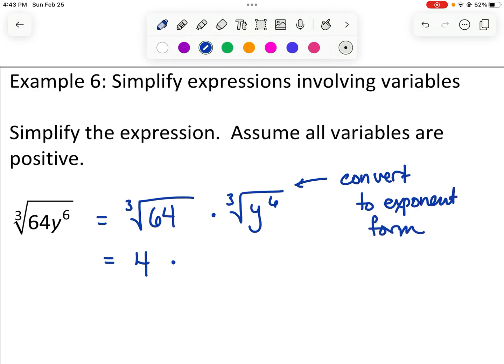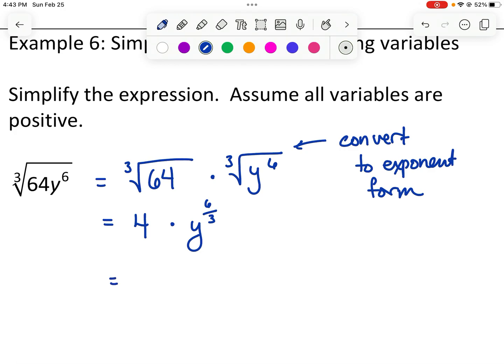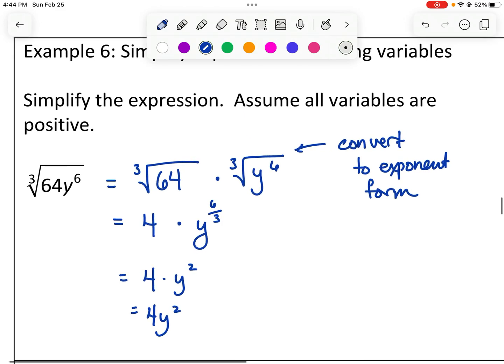So this is going to become y to the 6 over 3 because the index becomes the denominator of the fraction. So this turns into 4 times y squared. 6 divided by 3 is 2, which is 4y squared. And that's how we're going to go about simplifying these.